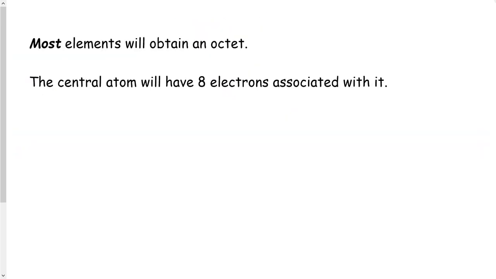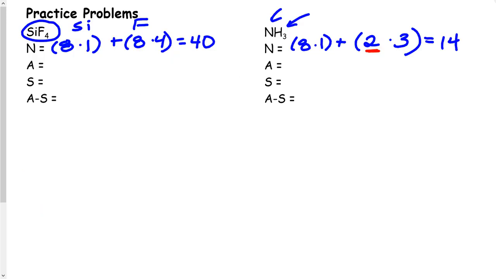As we apply our math, going back to our silicon tetrafluoride example problem, for our A value, silicon is located in group Roman numeral 4.